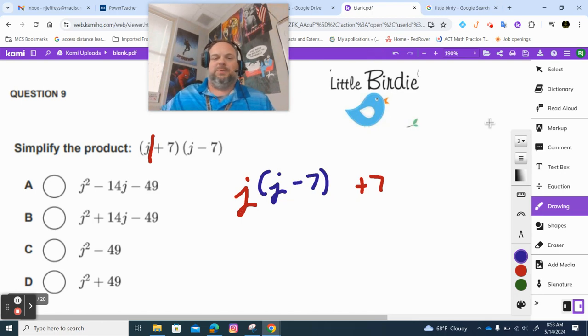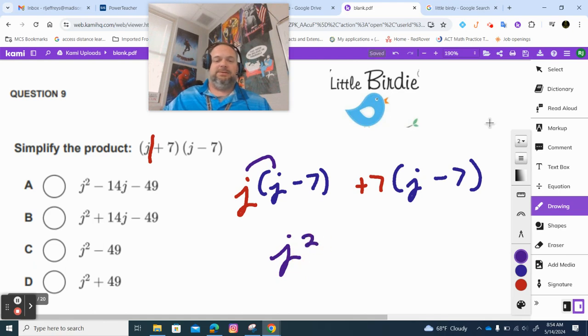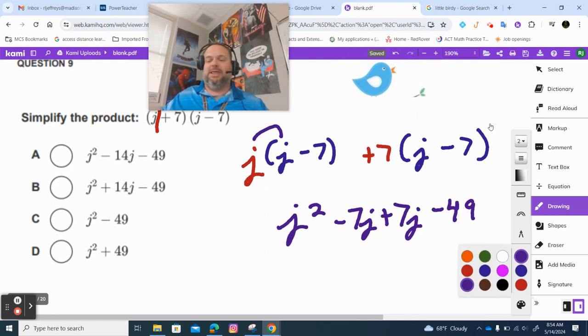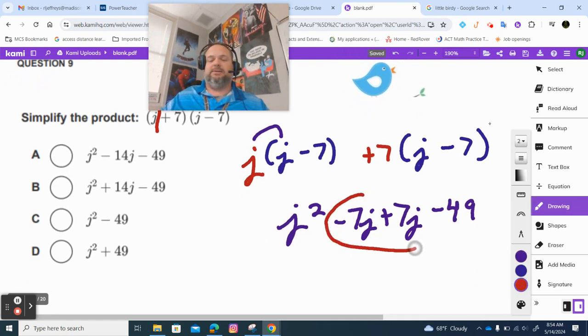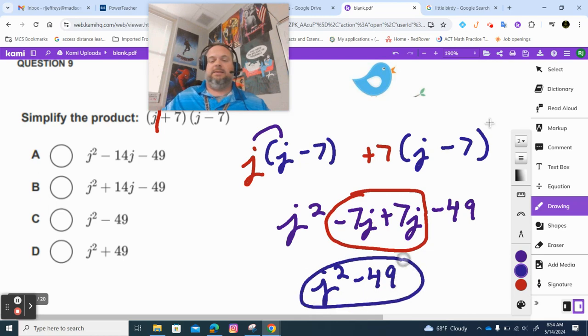All right. Guess what? It's the same thing. J squared minus 7j plus 7j minus 49. What should we notice about these terms right here? They cancel out. Yeah. So j squared minus 49. Final answer.